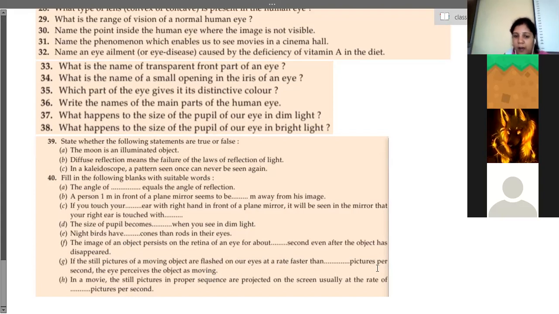Faster than 16. If the time period is 1 by 16, then in 1 second how many pictures should move in front of you? 16 pictures, right? It should be more than 16 pictures. If in 1 second there are 16 pictures, the time duration for every picture is 1 by 16. Clear? Yes, ma'am.